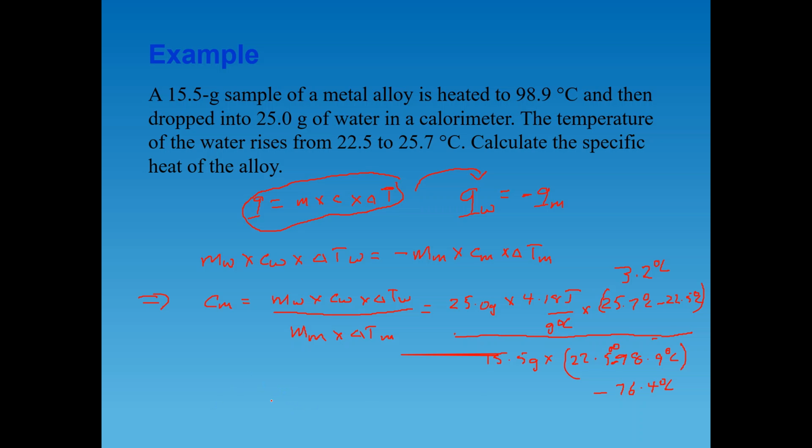And then we work out what the specific heat is. So the specific heat of the metal will be equal to 25 times 4.18 times 3.2, and then I divide that by 15.5 divided by 76.4, which is negative.